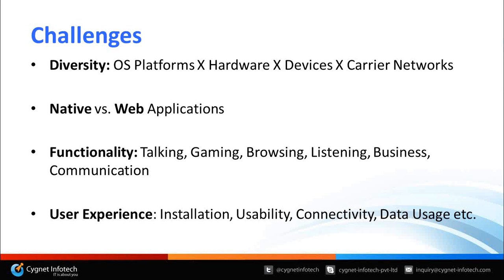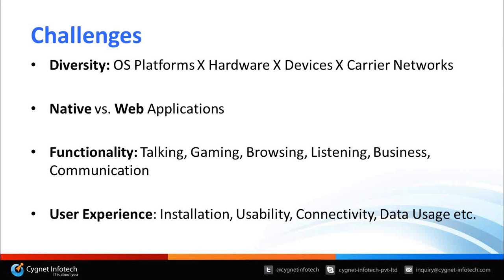We come across all these challenges when we talk about mobile application testing, and we have to account for that while doing our mobile application testing. The other thing, when we talk about mobile applications, the first thing that comes to our mind is whether it is going to be a native application or a web application. Both of them have their own advantages and disadvantages, but our testing strategy would depend on it.